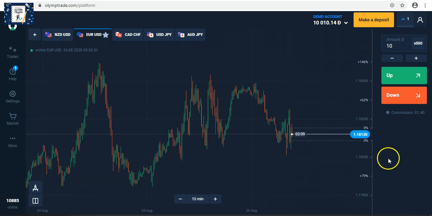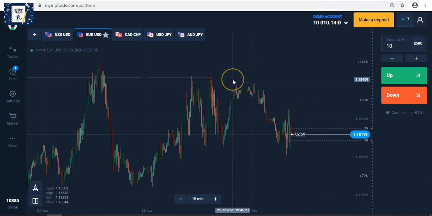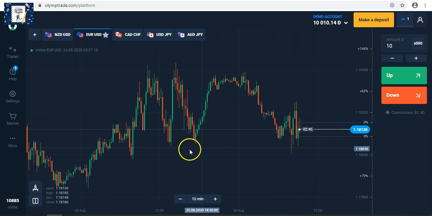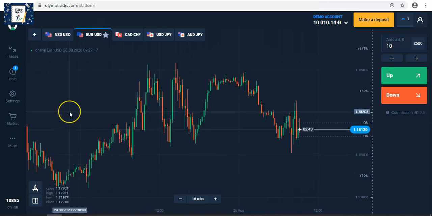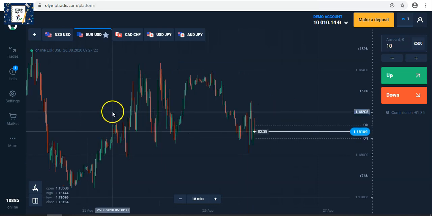So at the moment we are 26th of August, so we are Wednesday, and the week began on the 24th, and this is 9:27 a.m. UK time, so this is GMT. So the idea here is to trade intraday until the end of the day, and to identify the key timing moments where it would be ideal to place a trade.